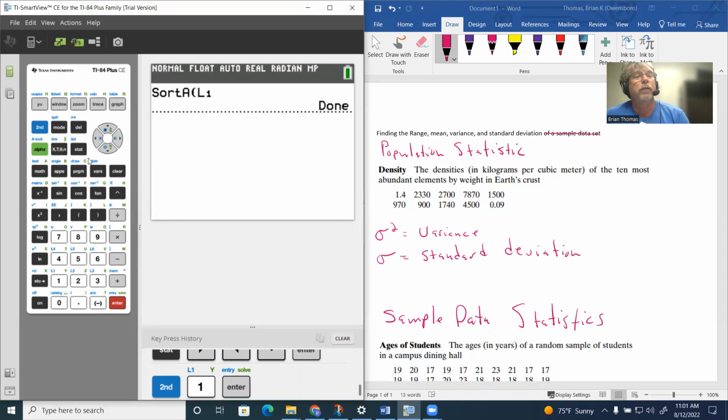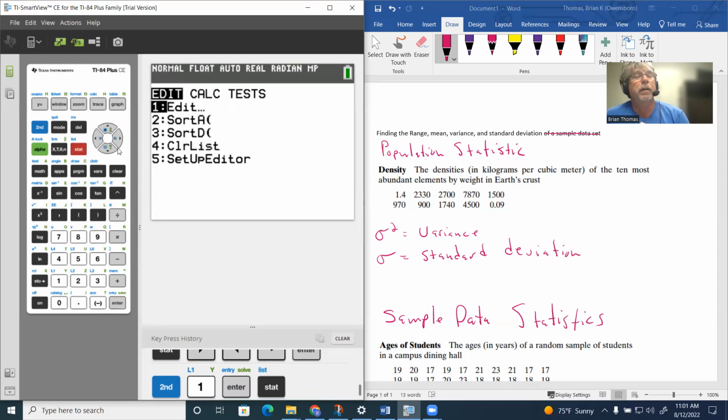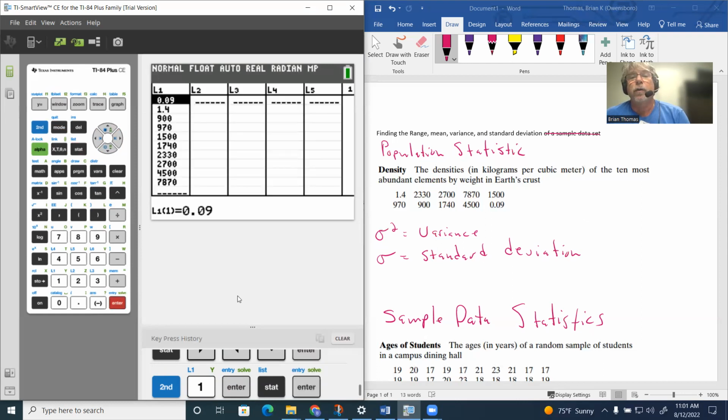Then if I go back to stat, my data is now in order. If I want to find the range, remember it's the largest value minus the smallest value. It may not have been a bad idea to sort it the other direction, but it doesn't really matter. The 7870 would have been the maximum value, and I would have subtracted this 0.09. That would have given us our range.